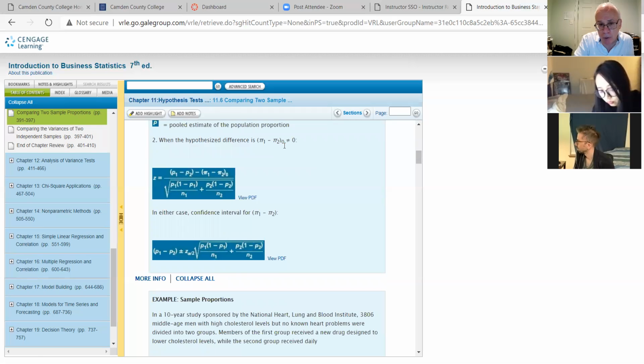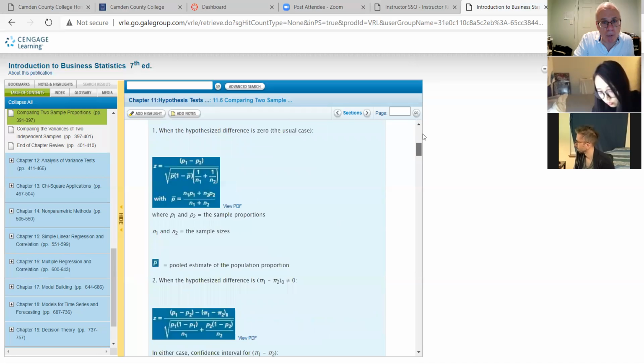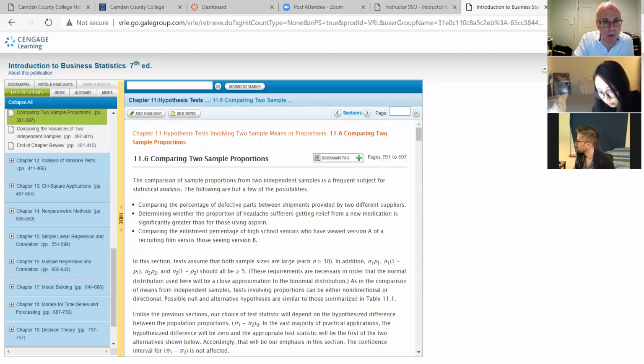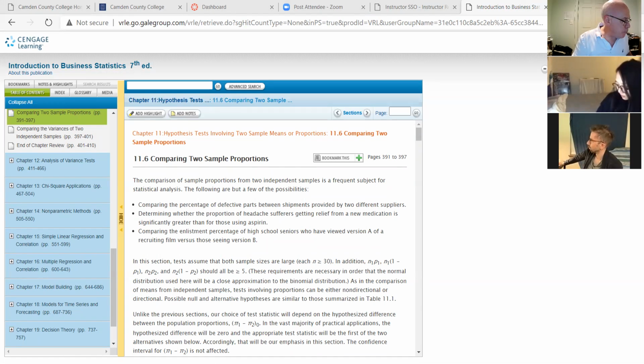In other words, it's equal to 0.3 or something like that. And then we have these really complicated looking formulas. So what's the solution? We're going to use Minitab, all right? So we're going to actually pick a problem in this section. All right. Let's look at problem 11.53 on page 395.